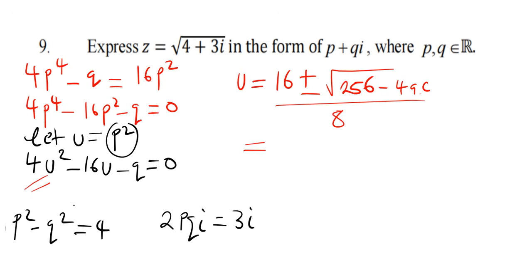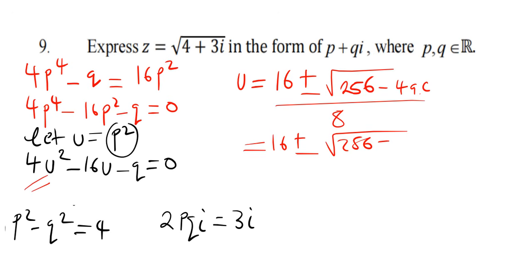So what then do we have on top? We've got the 4a, a is 4, c is negative 1, negative q. So we're going to have 16 positive or minus the square root of 256 minus 4ac.